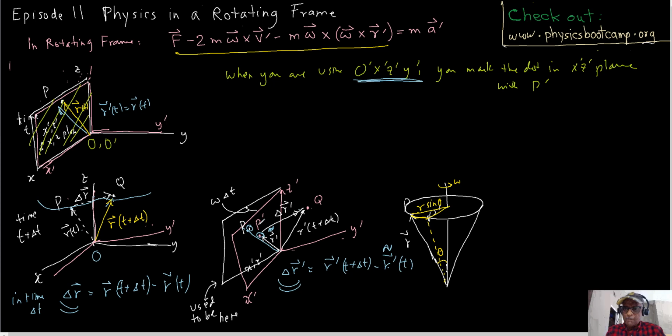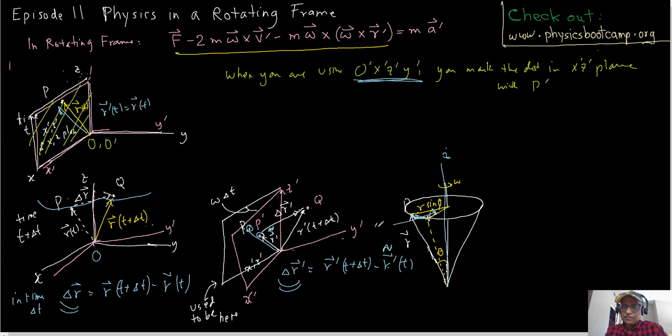If this is what used to be the r vector, and this is the z-axis, so rotating about the z-axis, then this is the arc of this circle, and this angle rotated is omega delta t, right? So this will be r sine theta.